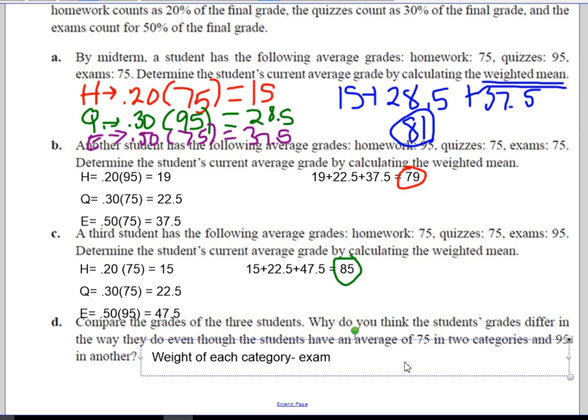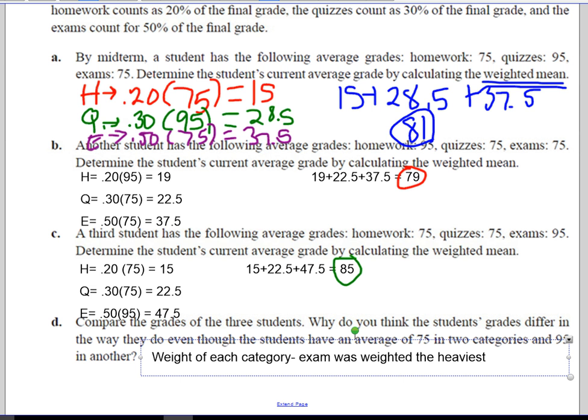And so the exam was weighted the heaviest, worth the most, however you want to put that. So the student that had the 95 on the exams, since it was weighted the most, got the highest overall average, even though the numbers for those categories were two 75s and a 95.